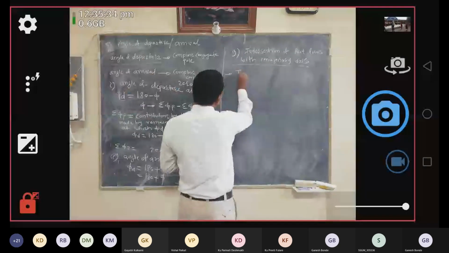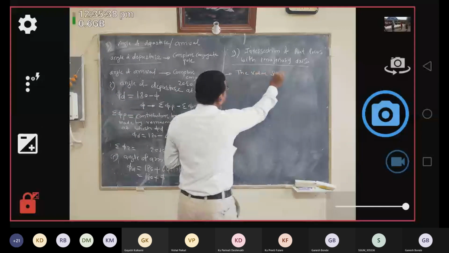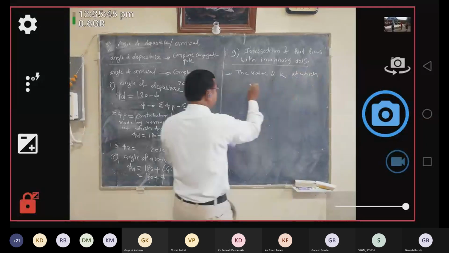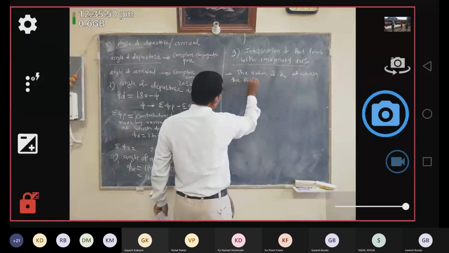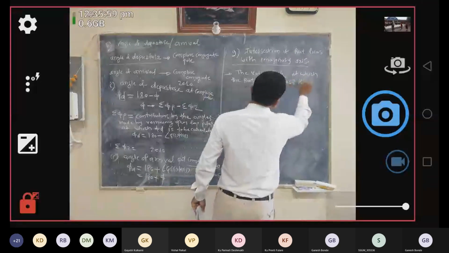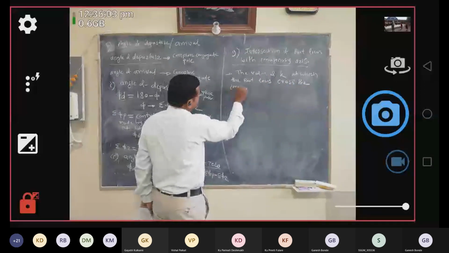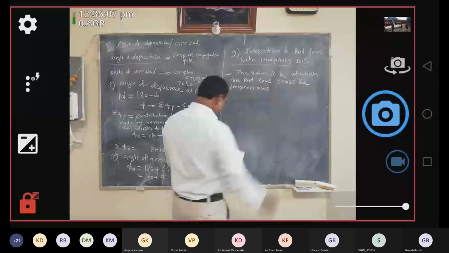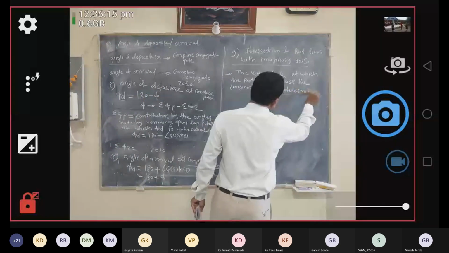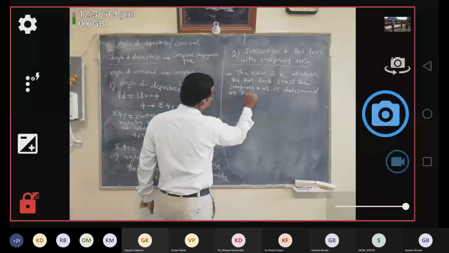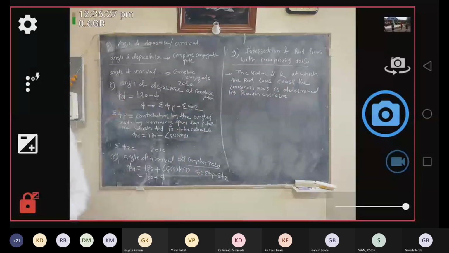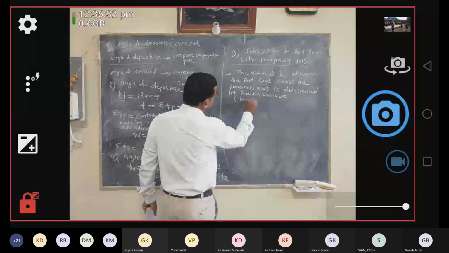So write down: the value of k at which the root locus crosses the imaginary axis is determined by the Routh criteria, and the value of k corresponding to this point is called k marginal.